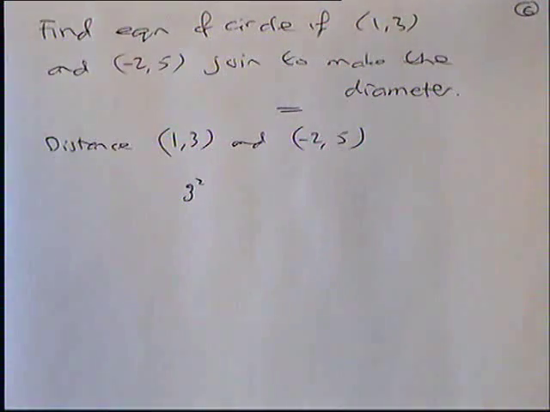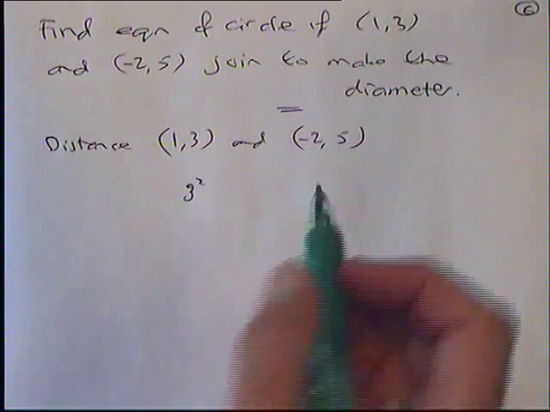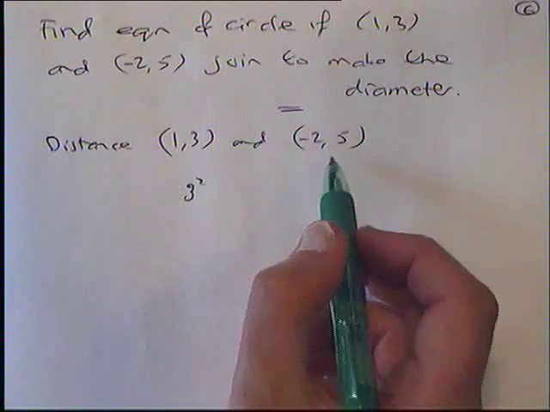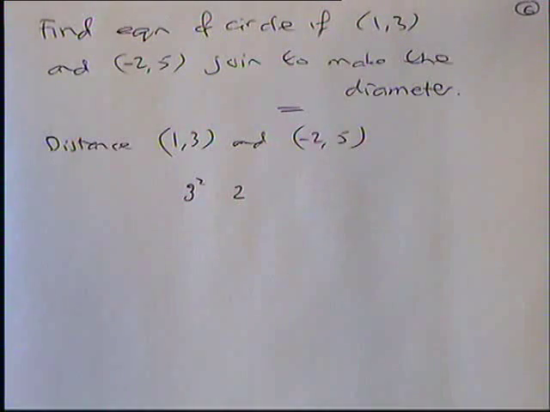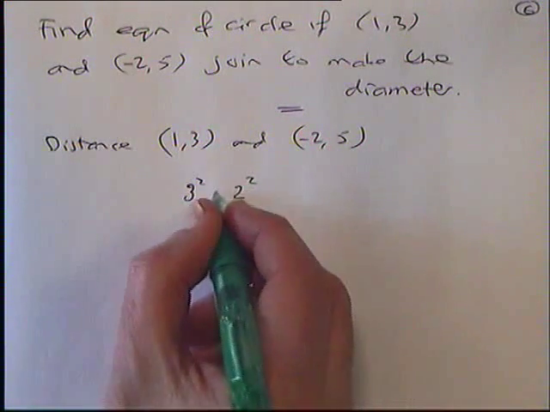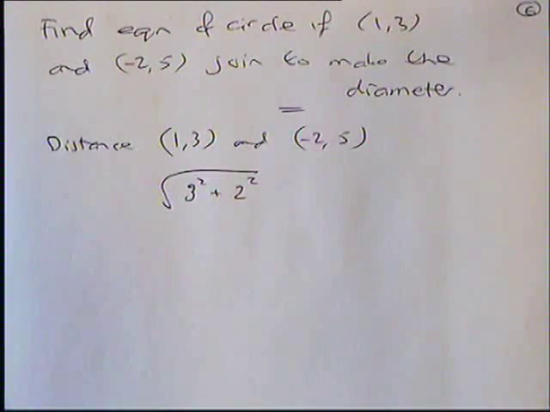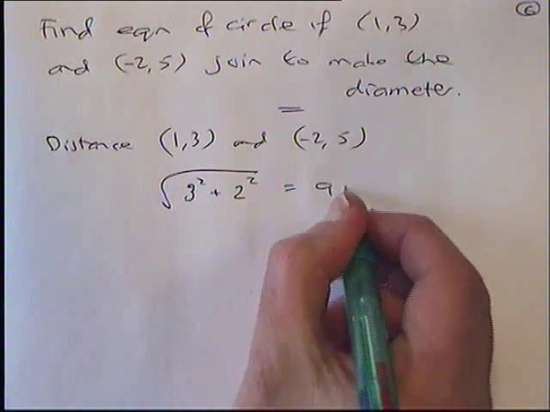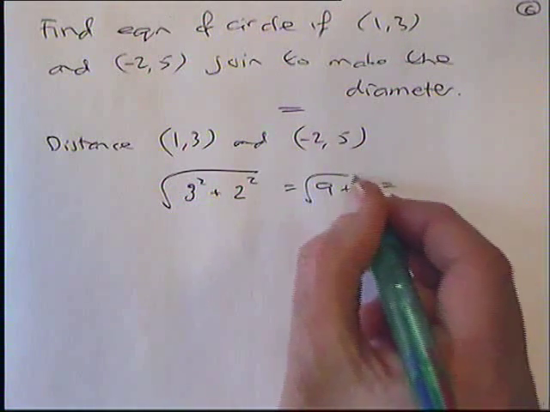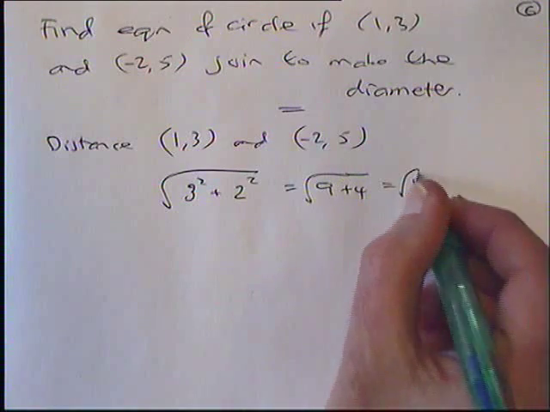Doesn't really matter about the sign because we're going to square it anyway. If you did the taking away, it could be minus 3. The y's have gone from a 3 to a 5. The y's have changed 2. So we square, we add, and we square root. So that's going to be 9 plus 4, root 13.